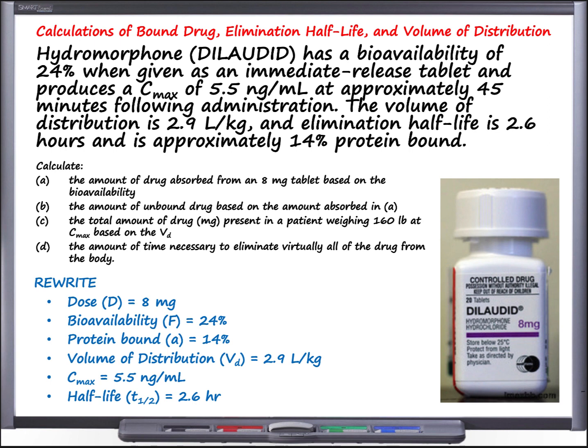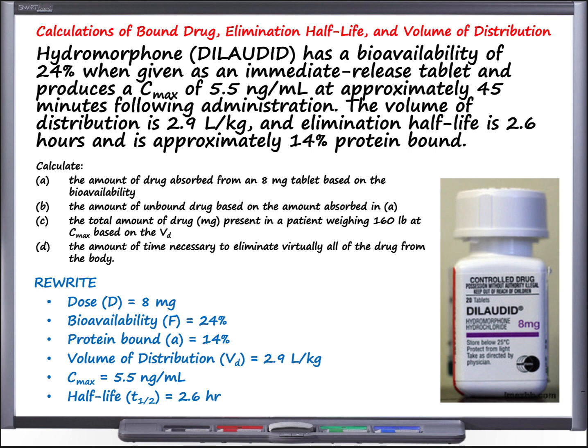Okay, so all this information is given to us in a bit of random order. I'm going to skip over the specific questions for now, and we'll get to those one at a time. Let's rewrite this information using some of the terms and abbreviations that we have learned so far in this chapter on pharmacokinetics. Let's start with the dose. Remember, we'd say capital D for dose, and that was equal to 8 milligrams.